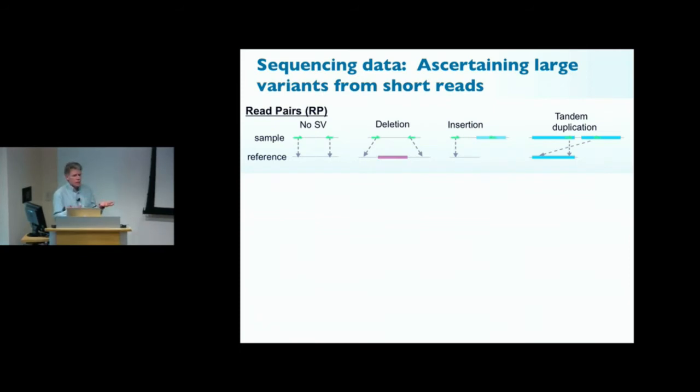So most of the short-read sequencing data is paired-end sequencing. You fragment the DNA into small fragments, maybe 300 to 500 base pairs, and then you sequence from both ends of it. So you get two reads that are matched and should be pointing in a certain direction based on the library preparation technique. And then when you align those reads back to the genome, like you would to call SNPs, if there's no copy number variation, the reads will align 300 or 500 base pairs apart.